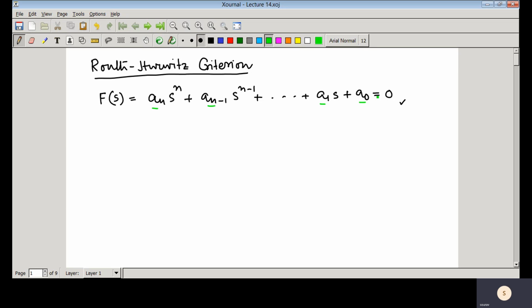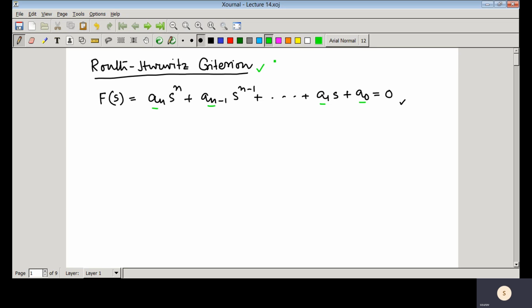Today we will be discussing one criterion that makes it very easy to check whether the roots of the characteristic equation are in the left half of the S plane or the right half. The stability boundary is the imaginary axis, and whether roots are on the right or left side can be checked using the Routh-Hurwitz criteria.